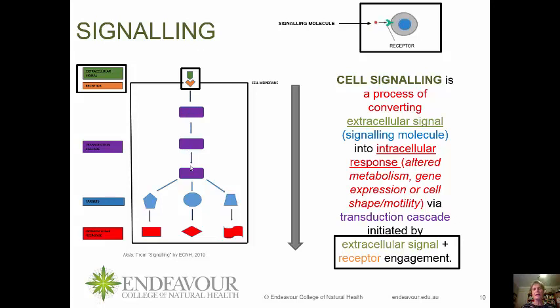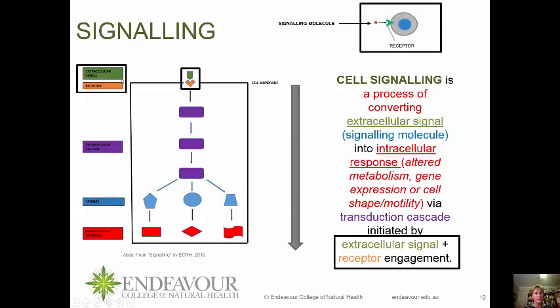That may alter the metabolism of the cell, it may result in gene expression, or it could change the cell shape or motility. And it does that via a transduction cascade. All of that, cell signaling, is initiated by the extracellular signal and receptor engagement.